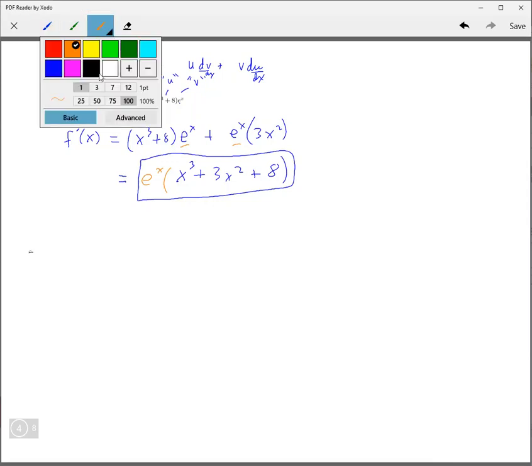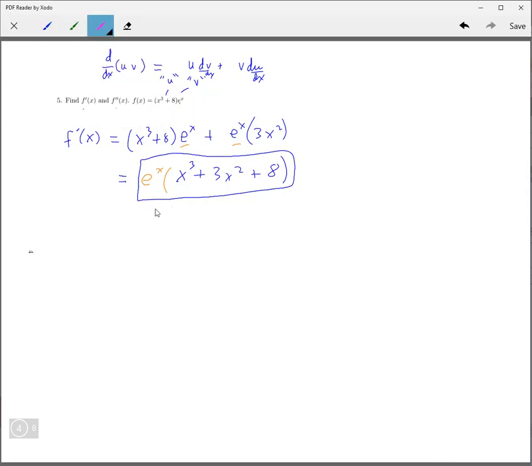Okay, now for the second derivative, that becomes our u, and that becomes our v. So we have, or I guess I could have read it the other way around. I could have read the e to the x at the end. Maybe I should have done that. Oh, well, too late now.